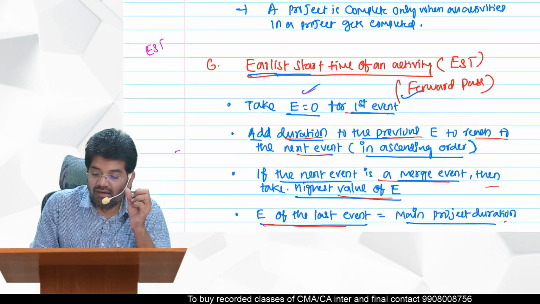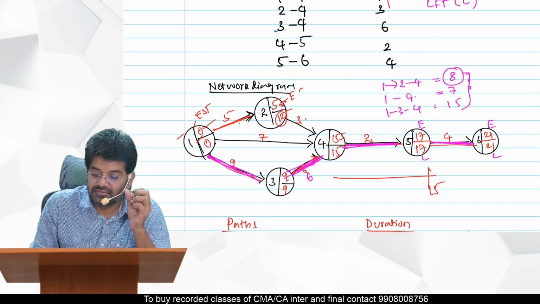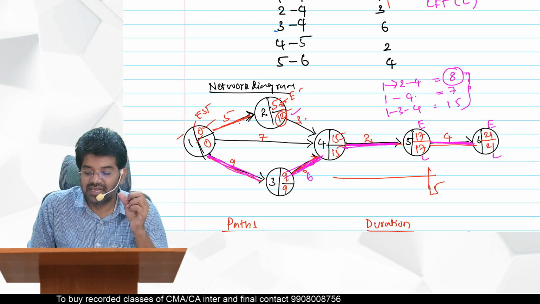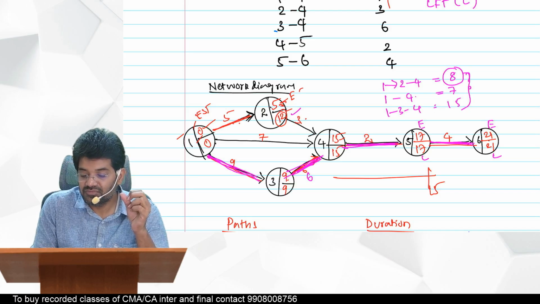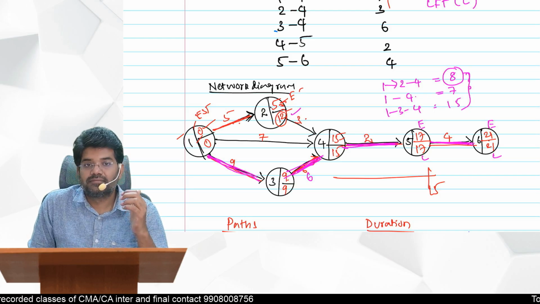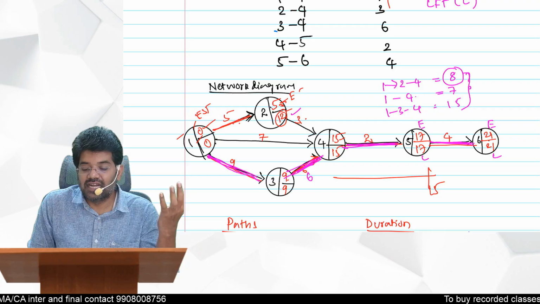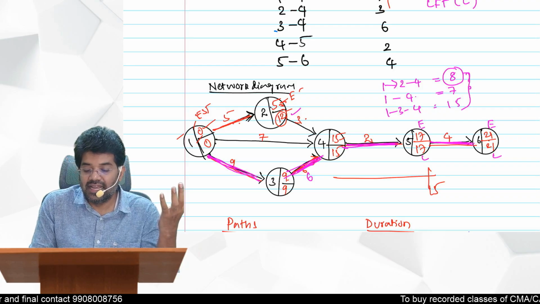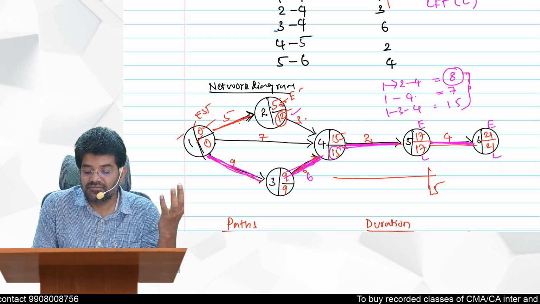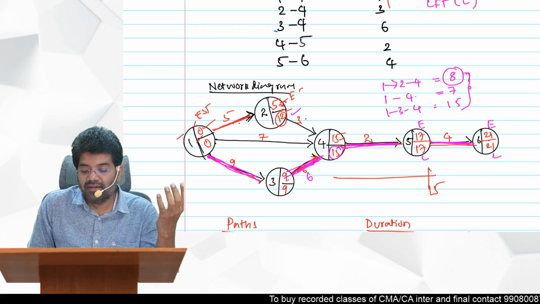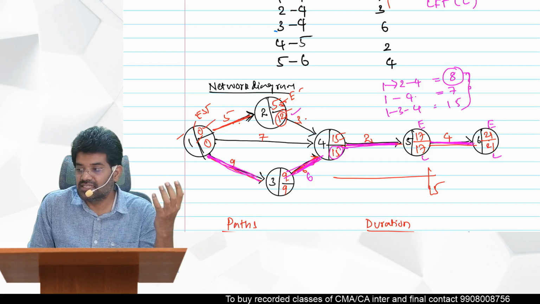What is my latest finish time of 1 to 2? 12 days. Earliest start time 5 days. So 2 to 4 earliest start time is 5 days. Latest finish time is 15 days.